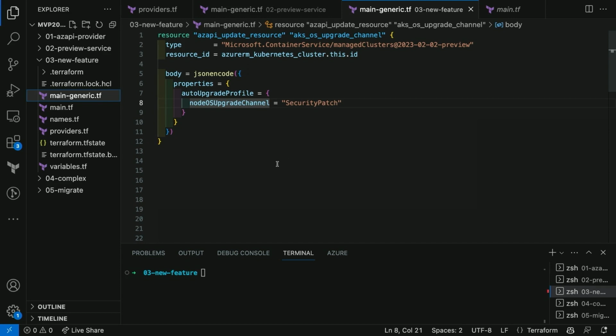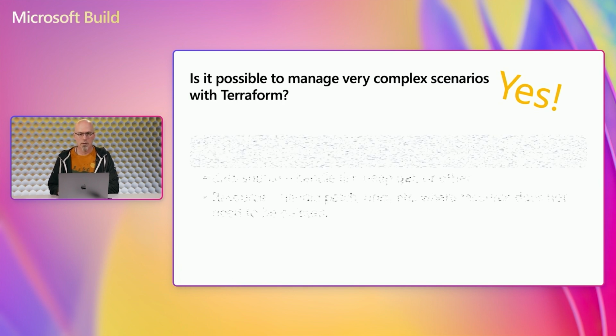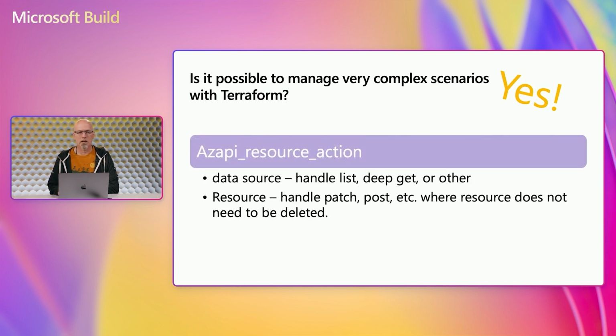All right, so the next scenario is there are some very complicated scenarios that you just can't handle with AzureRM. The AzAPI gives you the ability to manage those scenarios as well. We have the action resource that allows you to manage actions.